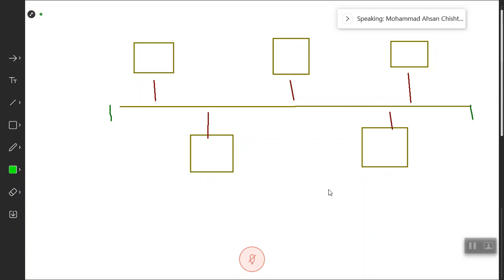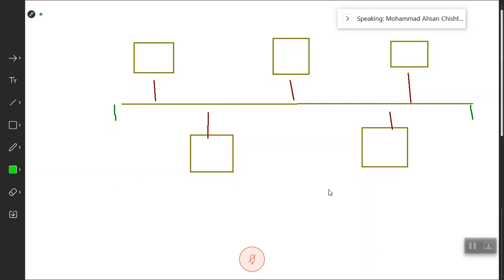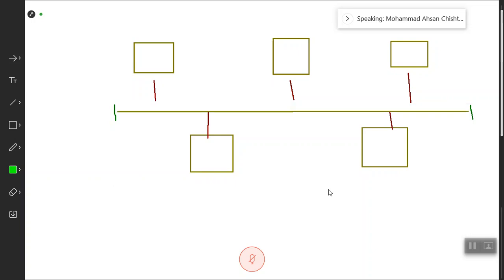This is actually on the wire itself. So this main cable would have a terminator at two points, at the two ends. What is a terminator? Well, you might have seen the movie in which the Terminator destroys the things around. Likewise, the terminator here is to destroy the signal.